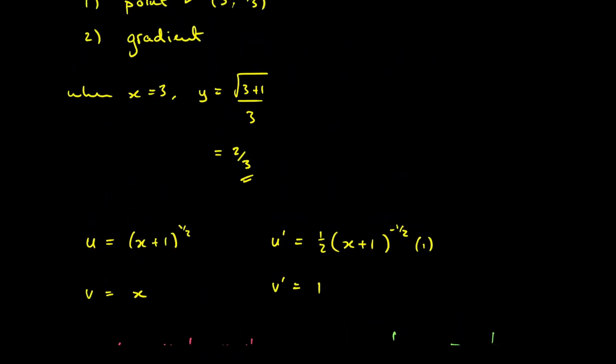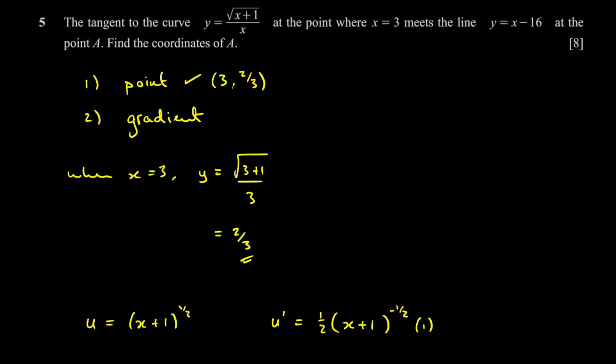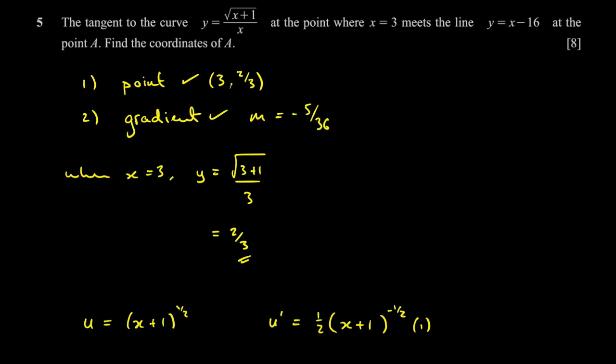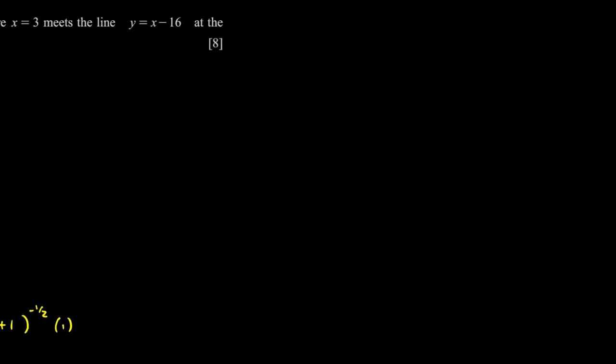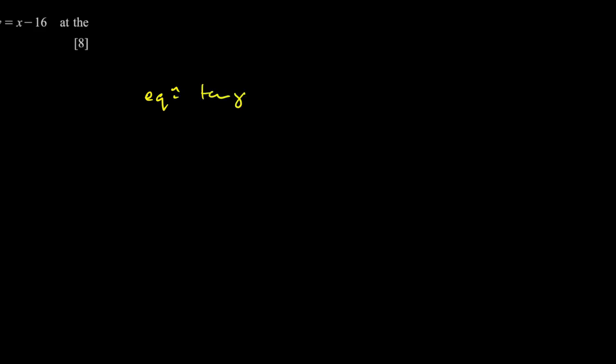Okay, so the gradient we've now got is negative 5/36. So we can now find the equation of the tangent. The equation of the tangent is y minus y1 is equal to m(x minus x1), where m is the gradient and (x1, y1) is the coordinate point.